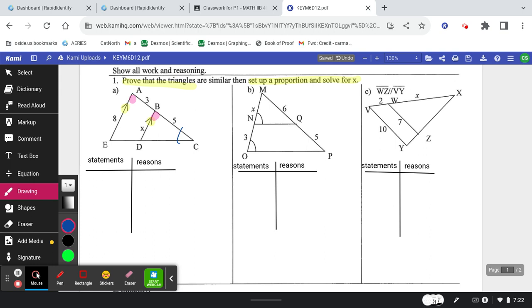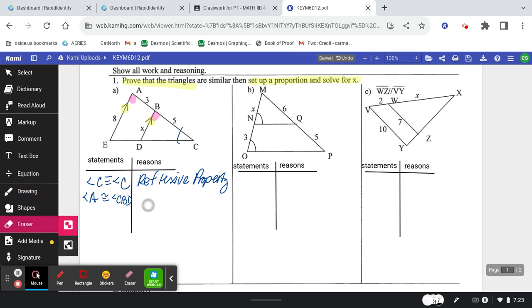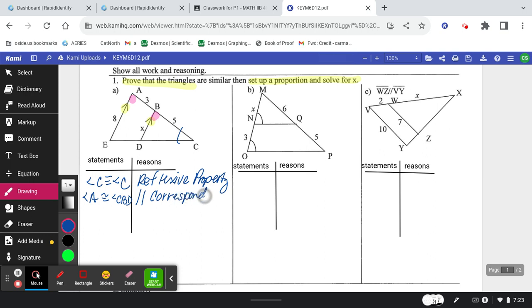Here we go. I'm going to say angle C is congruent to itself by the reflexive property. And then I'm going to say that angle A is congruent to angle CBD, because parallel lines mean that corresponding angles are equal.